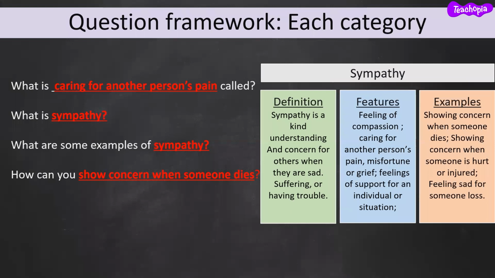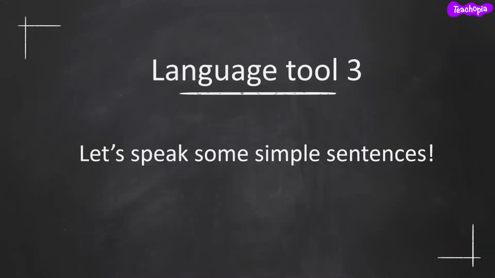The second question, what is sympathy? Sympathy is taken from the definitions category. The third question to the left, what are some of the examples of sympathy? Again, the word sympathy is highlighted. It is taken from the definitions category. How can you show concern when someone dies? This is taken from the examples category. So this becomes our question framework. That is language tool number 2.